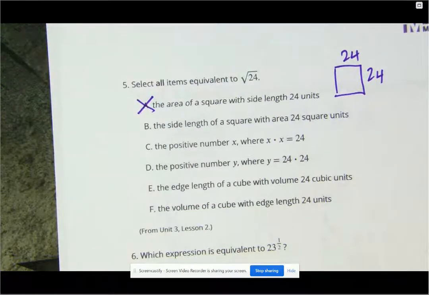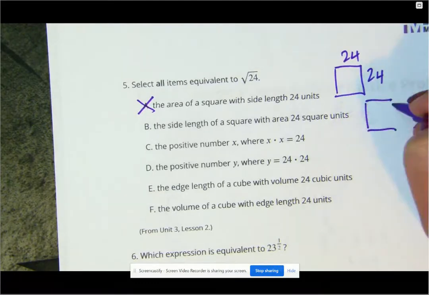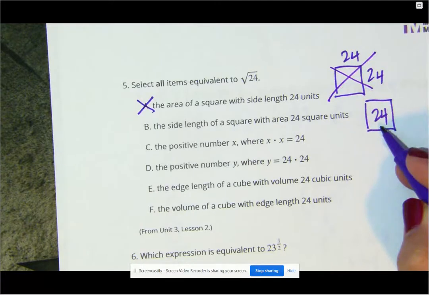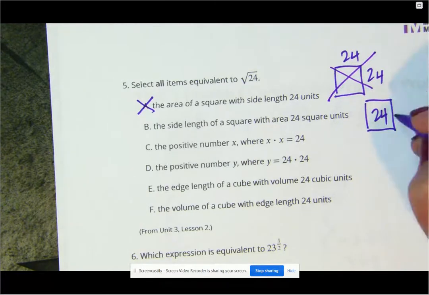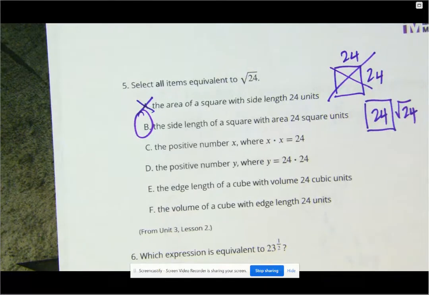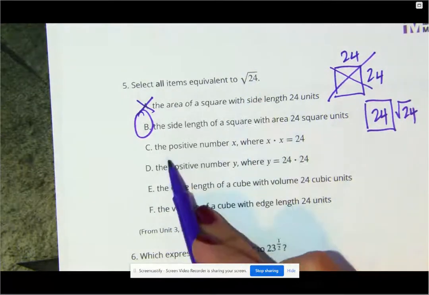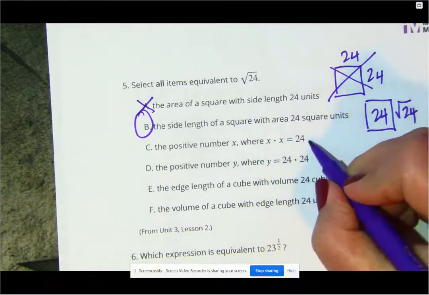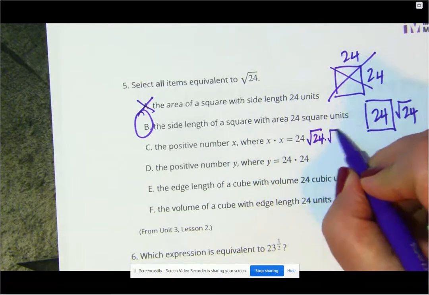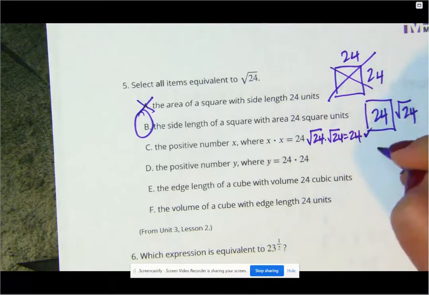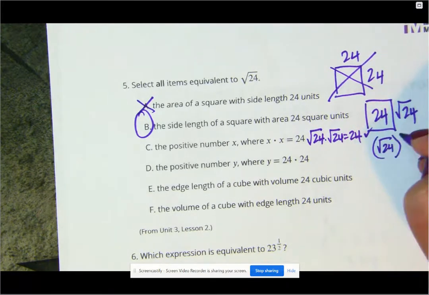The side length of a square with an area of 24, if the area is 24, how do you find the side length? You take the square root. Yes, that's true. Is the square root of 24 the positive number x, where x times x is 24? Let's try it. Is the square root of 24 times the square root of 24 equal to 24? Yes.